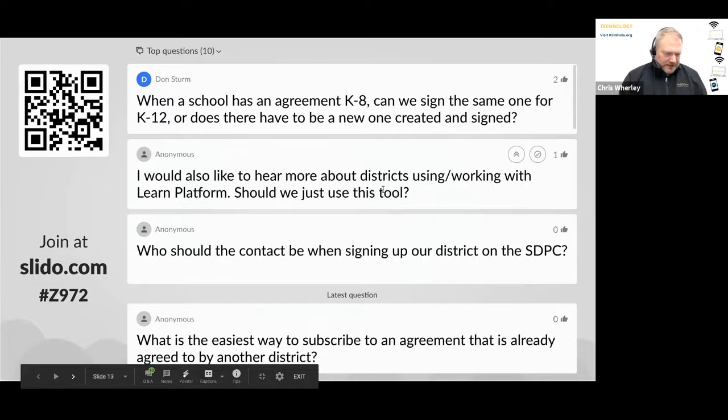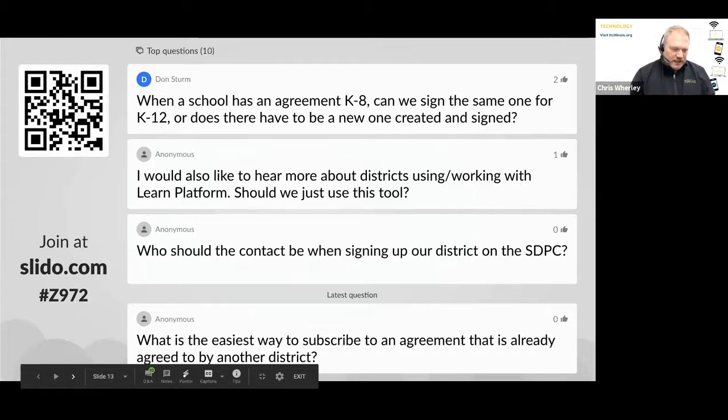I would also like to hear about districts working with Learn Platform. Should we just use this tool? That is really something that you can explore and look at. Definitely look at what these other tools are capable of doing well beyond SOPPA.